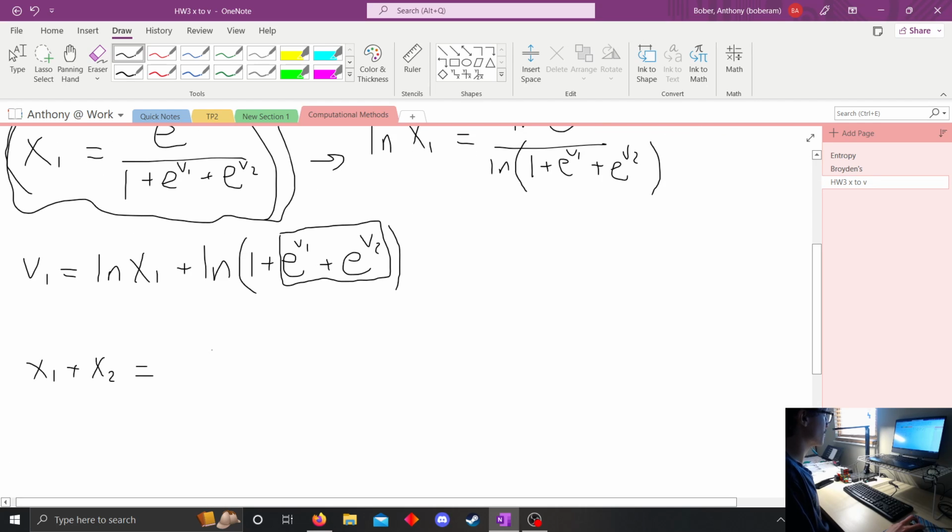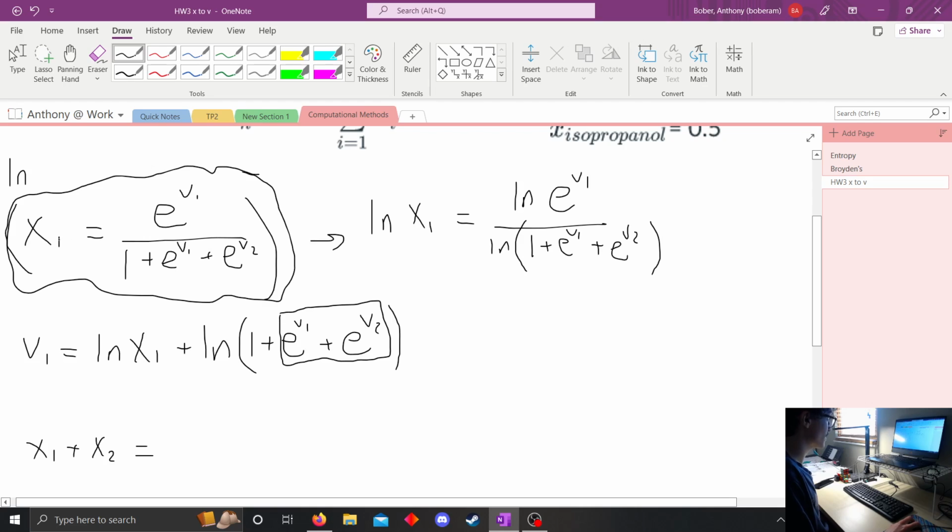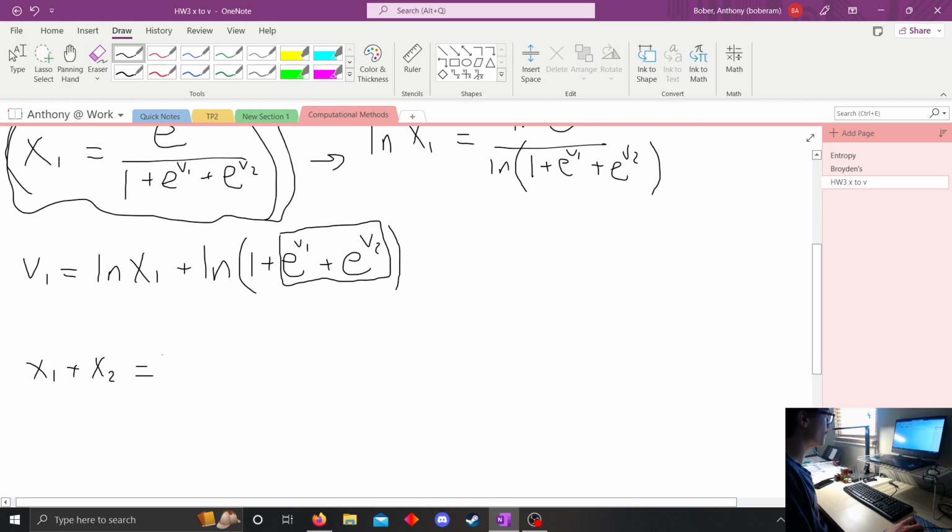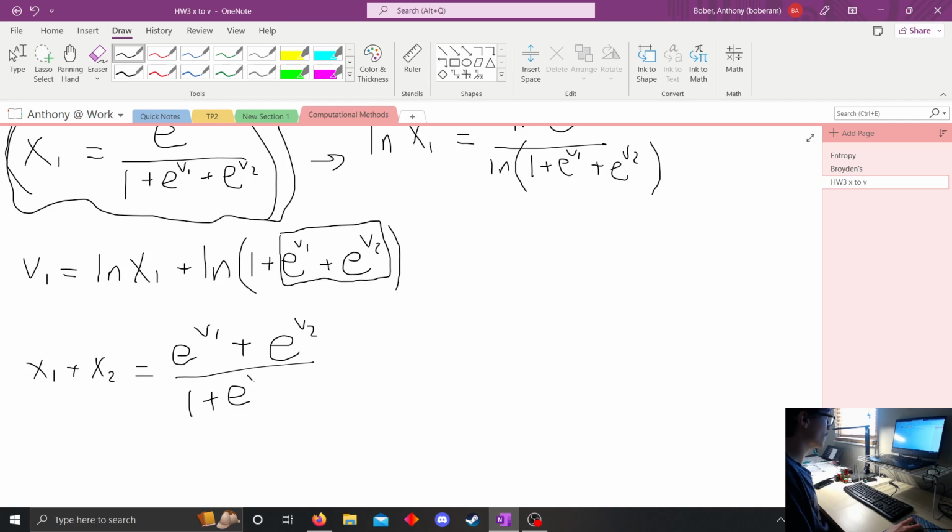We're going to be adding together these fractions, because in the case of x2, this would be x2 equals e to the v2 over the exact same denominator. So this is going to be e to the v1 plus e to the v2 over that same denominator, 1 plus e to the v1 plus e to the v2.